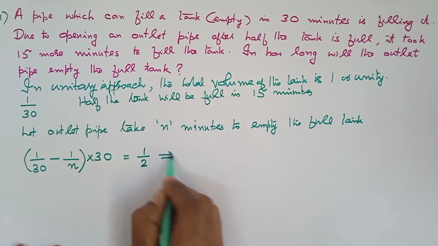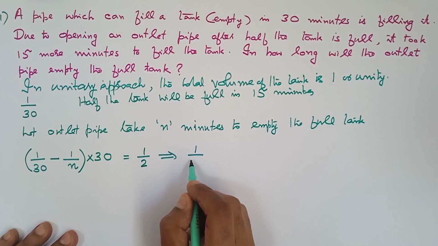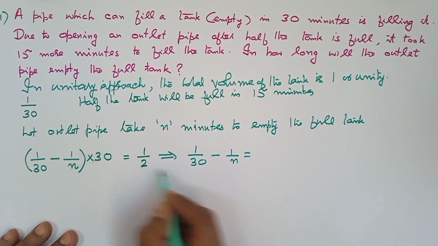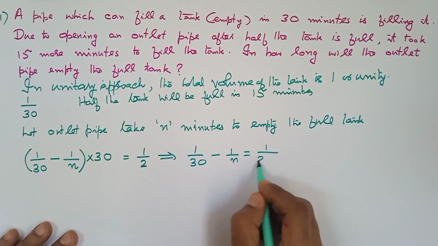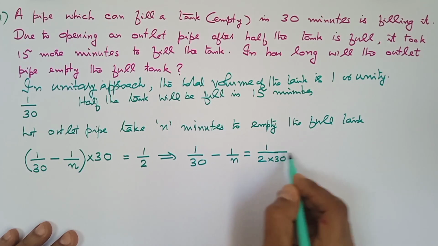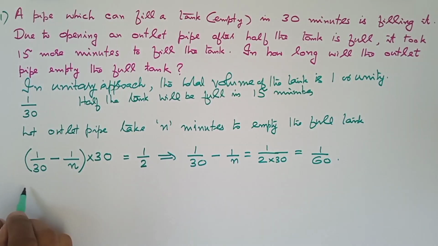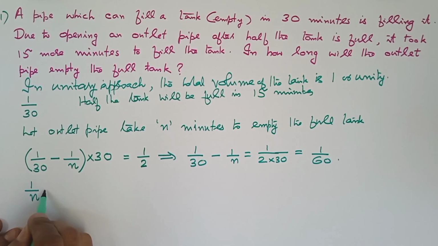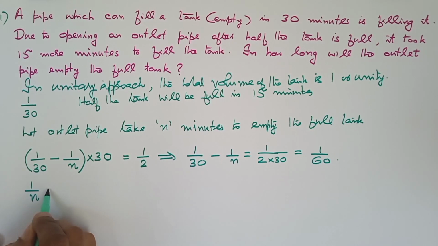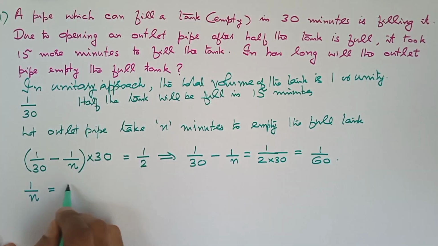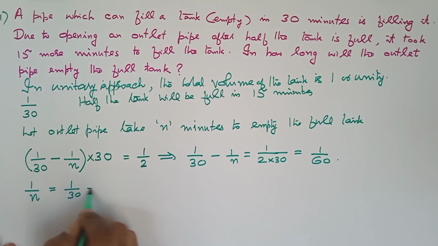Now this implies we get a simple equation in n: 1 by 30 minus 1 by n equals 1 by 60. Take 1 by 30 to the other side, and 1 by n to the right side, and the 1 by 60 to the left side.